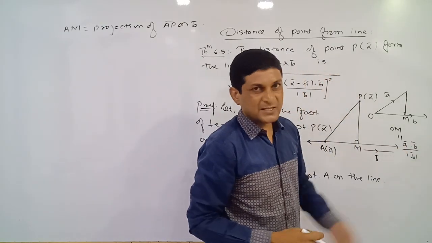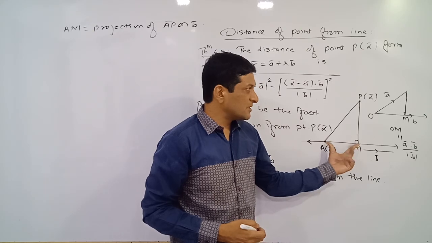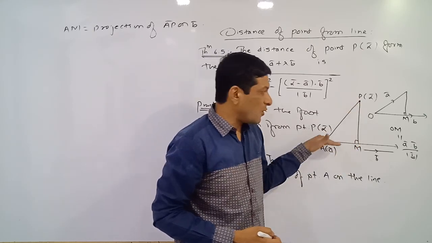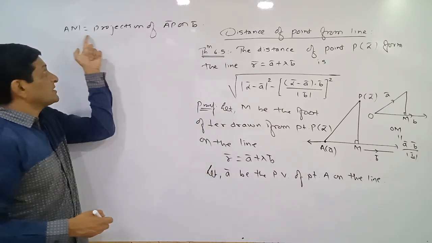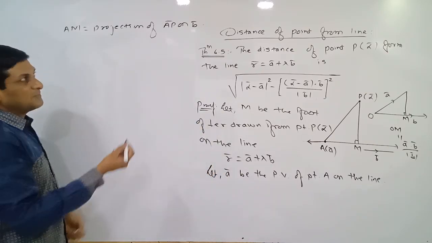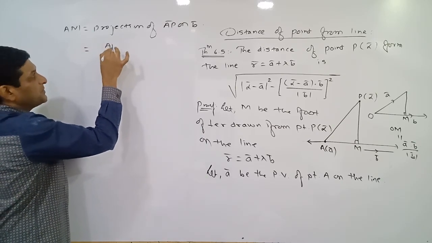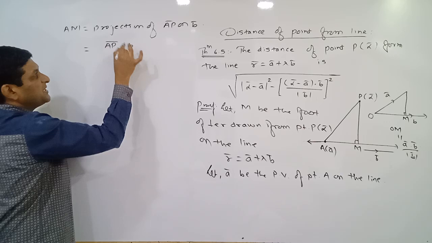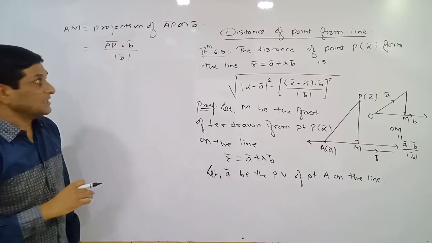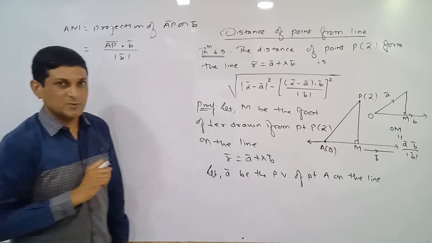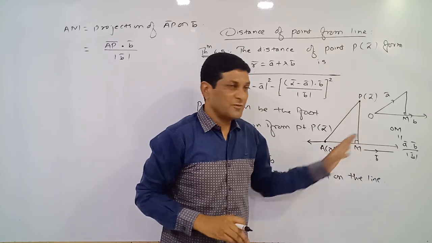We are applying the same formula here, because if you observe this figure, AM is the projection of AP bar on b bar, and according to that formula, this value will be equal to AP bar dot b bar upon magnitude of b bar. We have just applied the formula of projection. So the value of AM is known to us. But the question is to find PM, because PM is the distance of the point from the line.